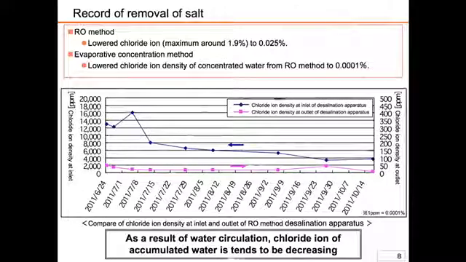At the beginning of the operation, chloride ion, which exceeds 10,000 ppm, was treated. Presently, approximately 4,000 ppm chloride ions have been treated. On the other hand, the density of the chloride ion treated by the water desalination has been controlled to under approximately 50 ppm. We understand the treated water can be used as fresh water.